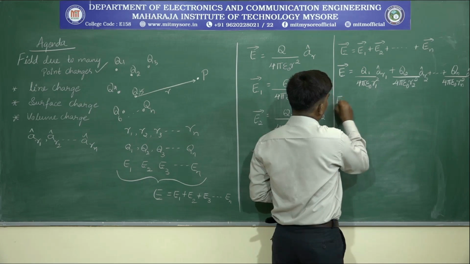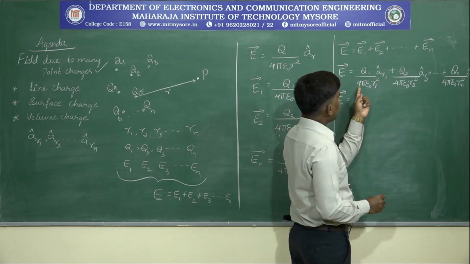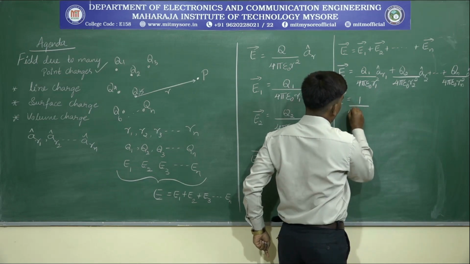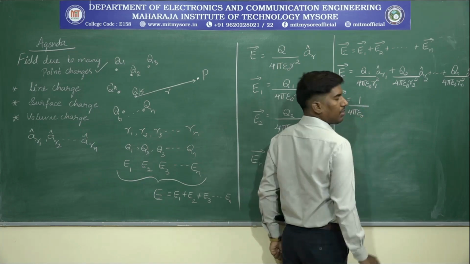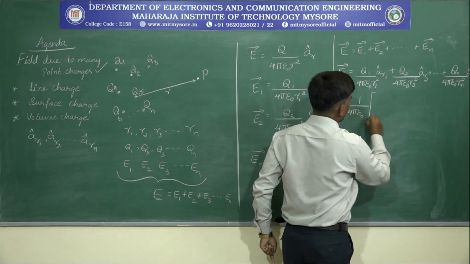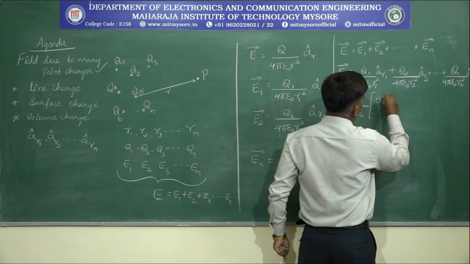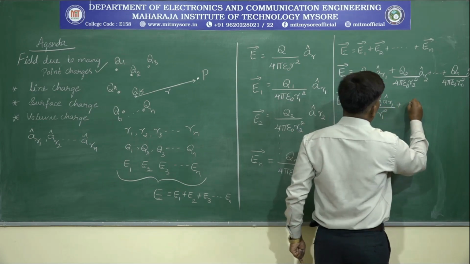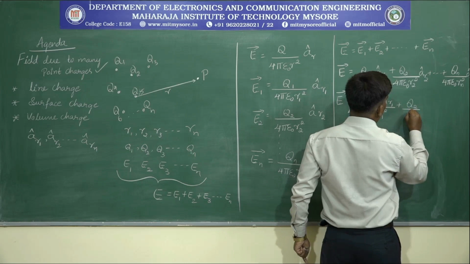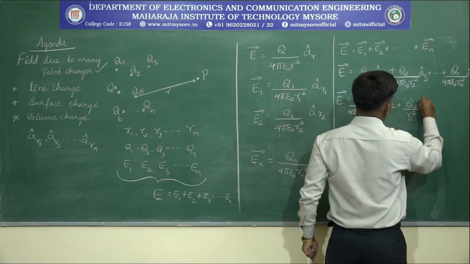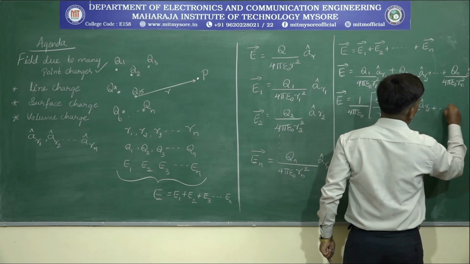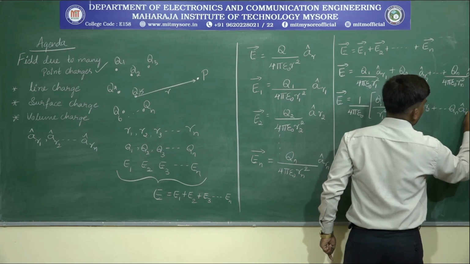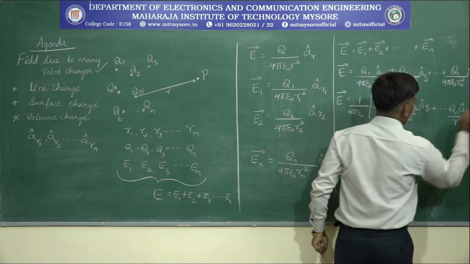So by looking at this equation, we see the denominator term is common in all the equations, right? If I take it out, 1 by 4 pi epsilon naught is common from all the equations, then this becomes Q1 a cap R1 divided by R1 square plus Q2 divided by R2 square into a cap R2 plus so on Qn a cap Rn divided by Rn square.